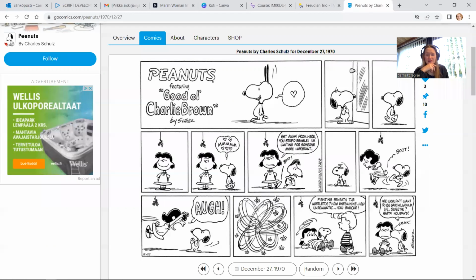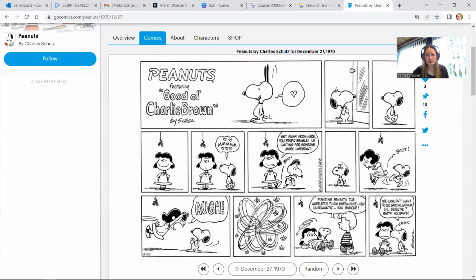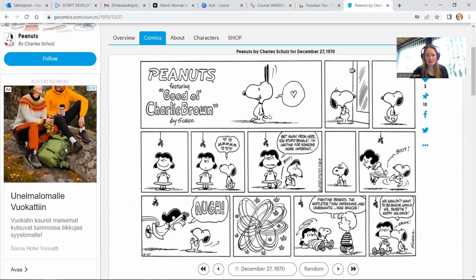So he might also be the protagonist of the series, because we start with Snoopy. What he wants is to kiss Lucy. Lucy doesn't want to kiss him. But do they make up in the end? How do you see it?